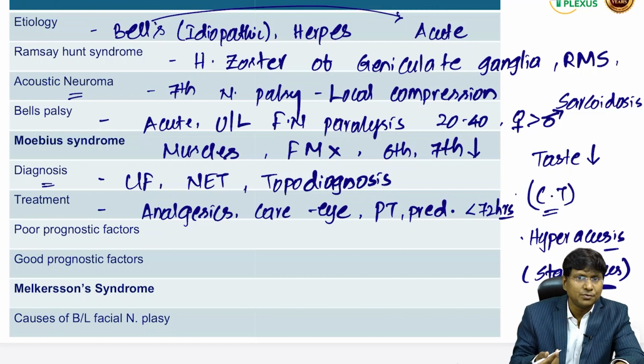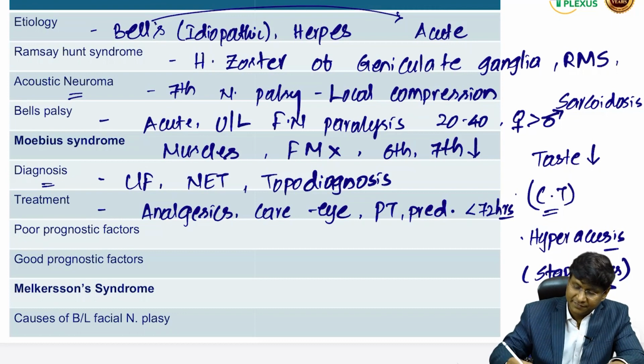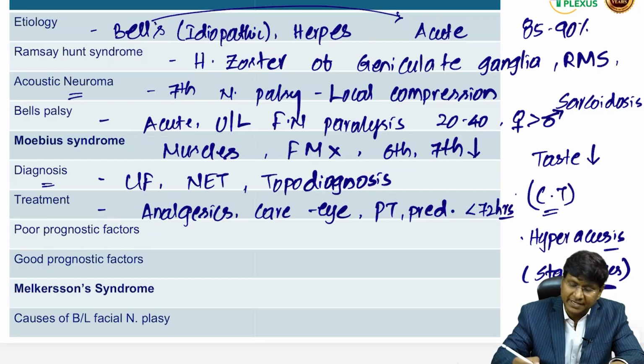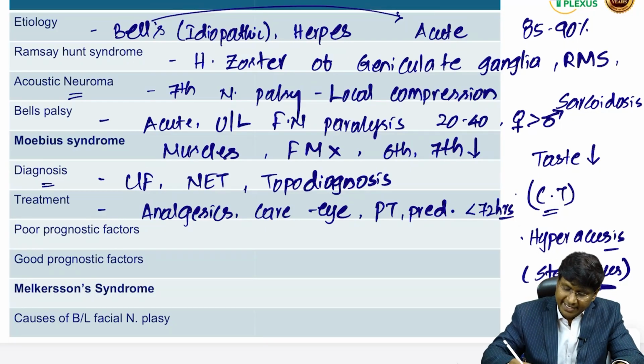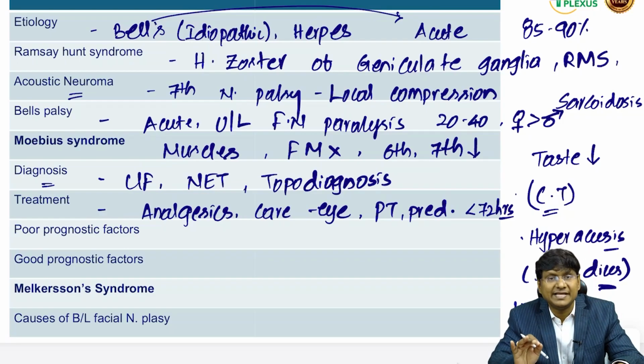And what about the prognosis? Majority of them, 85 to 90%, have good prognosis. The patients recover fully. It is only in 10 to 15% of the individuals that there is incomplete recovery, but in 85 to 90% the recovery is good.